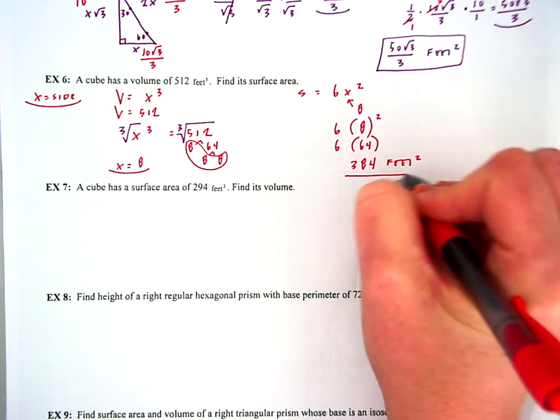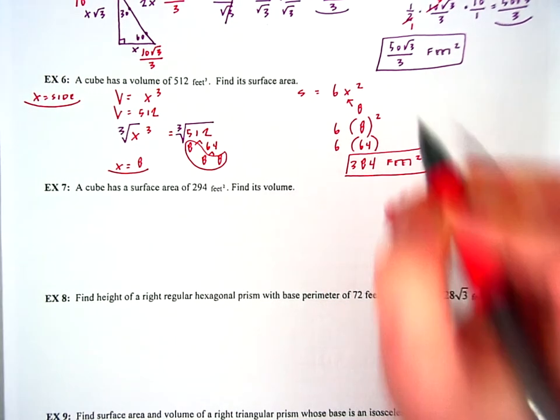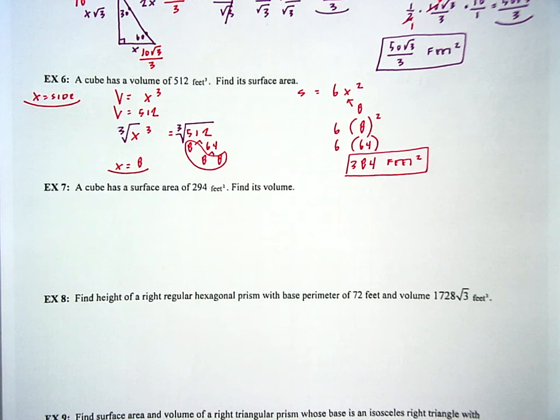So a cube that had a volume of 512 cubic feet will have a surface area of 384 square feet. So remember that surface area is the number of non-overlapping unit squares that cover a figure, just like wrapping paper. And we know that volume is the number of non-overlapping unit cubes that fill up a figure, just like the water in a fish tank.